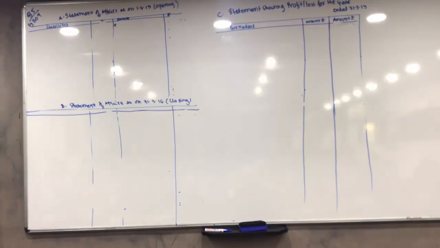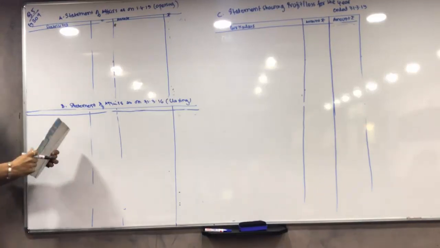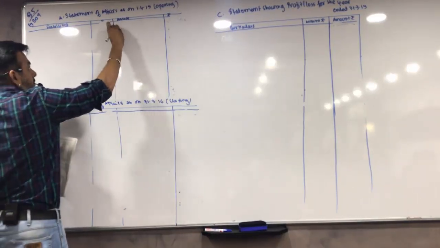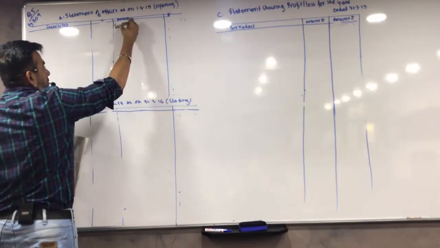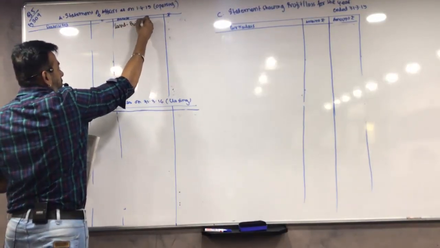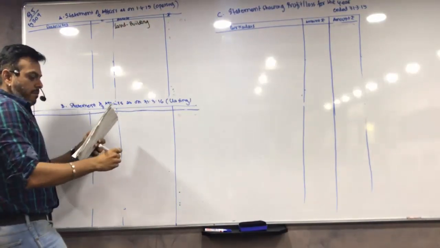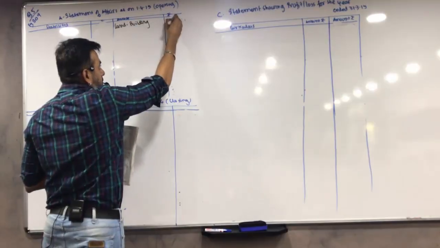Let's start posting it. Land and building, amount is 30,000.